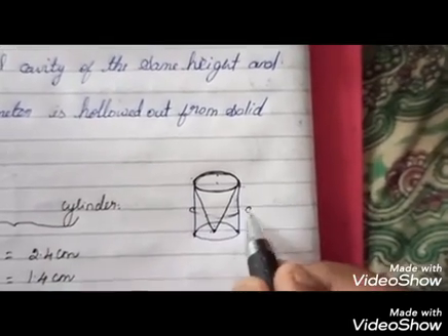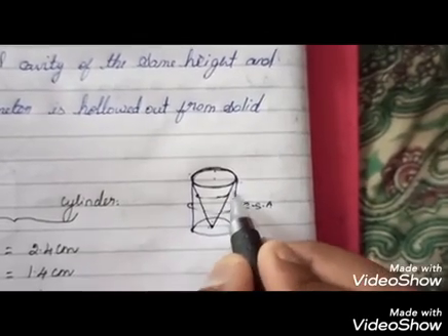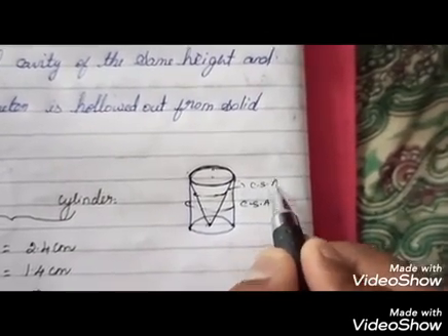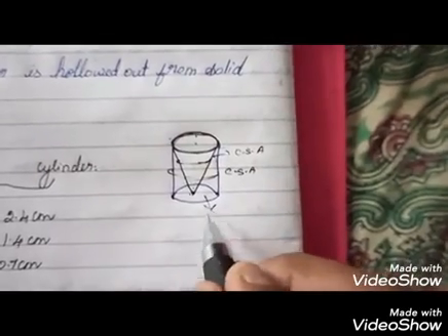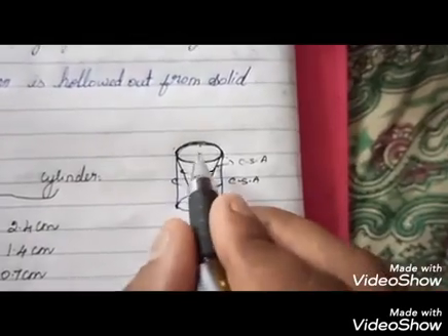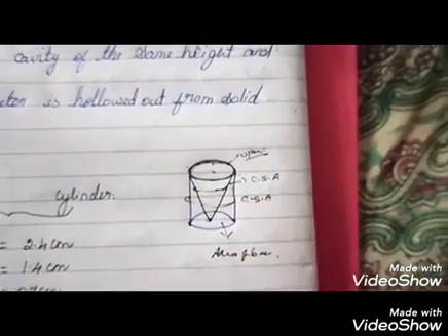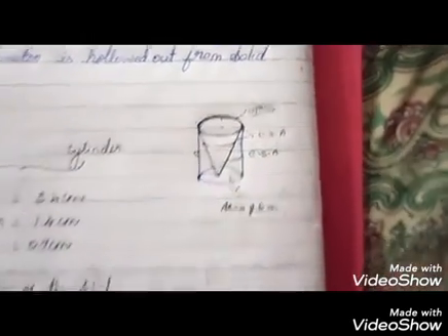Now you see what portions are there. One is the curved surface of the cylinder. The curved surface of the cone is there. And the area of the base, and one circular part is open.